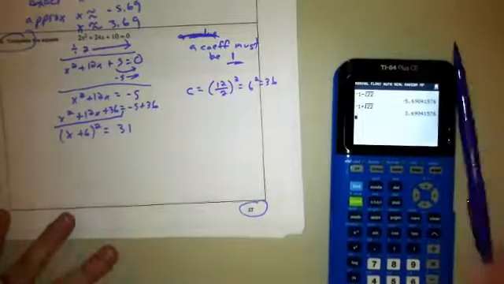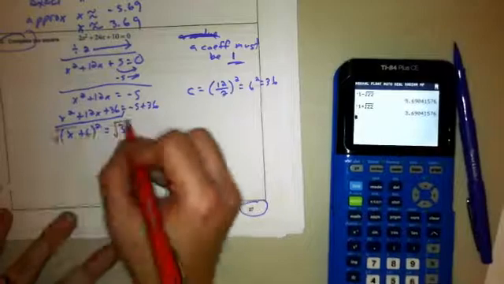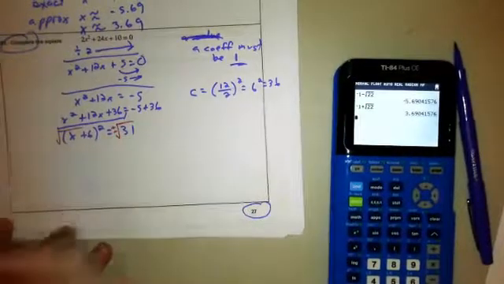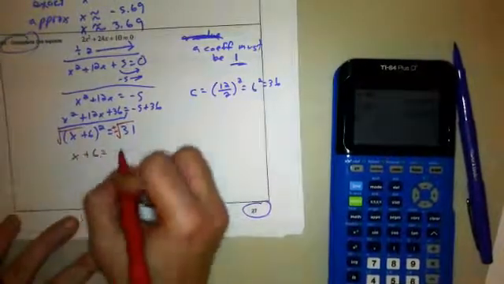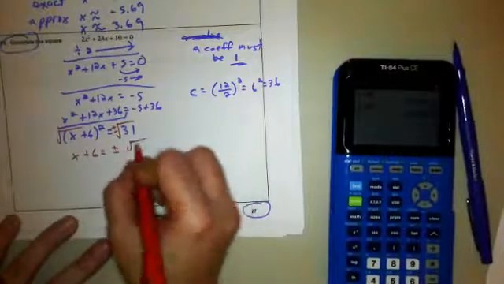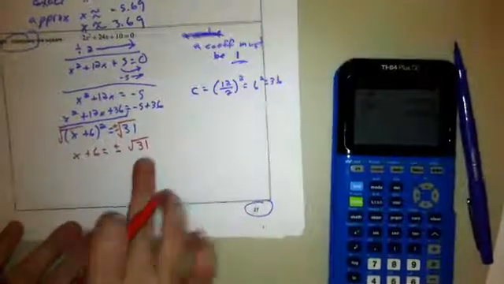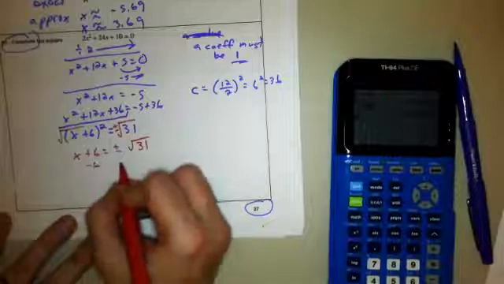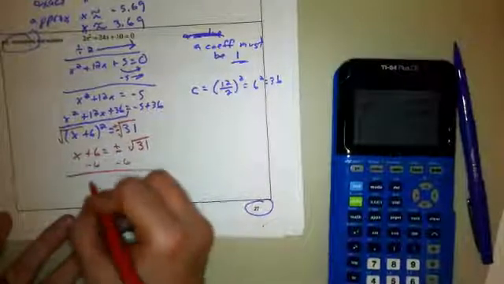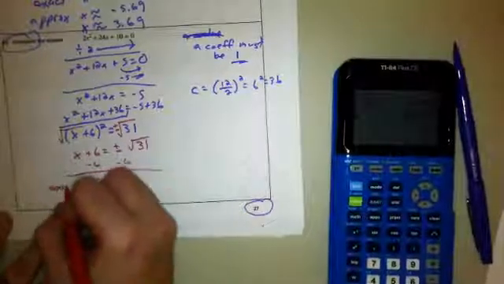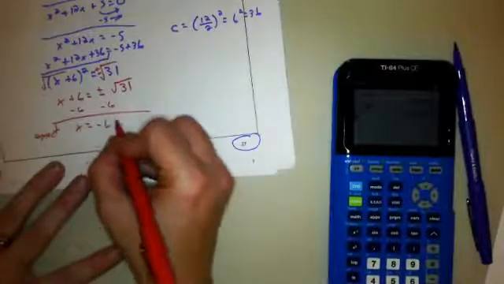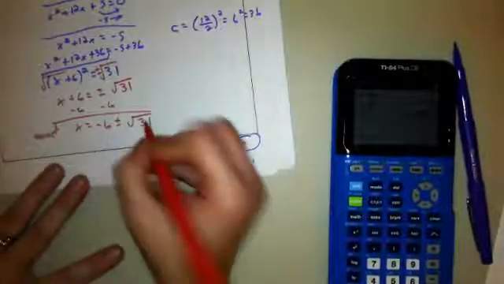I'm going to take the square root of both, positive, negative. We get x + 6 equals positive or negative square root of 31. There's no perfect square that comes out, so I can just subtract 6. This is going to be my exact answer right away, x equals -6 plus or minus the square root of 31.